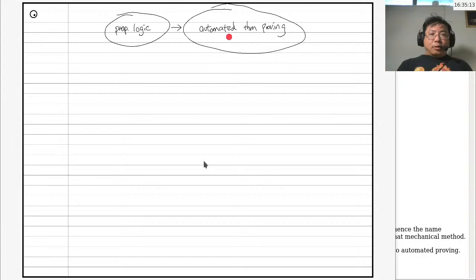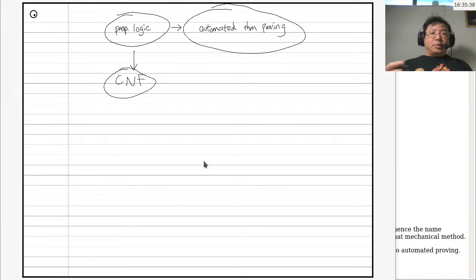In terms of automated theorem proving, one thing that is important is not to look at logical expressions or Boolean expressions the way we see them, and to use the kind of proof technique that we perform. So what is happening here is from propositional logic, we will start to talk about CNF.